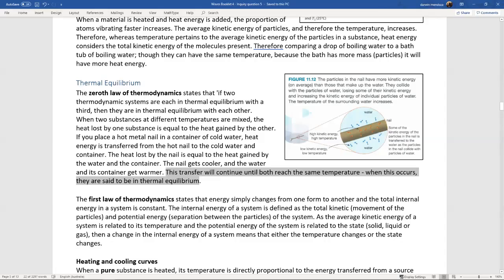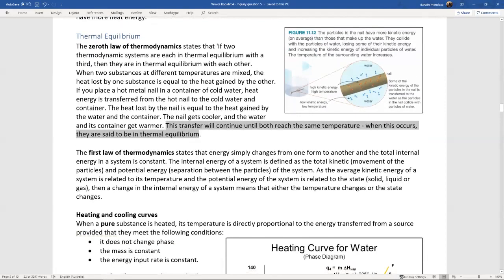It's been thrown into the water. The kinetic energy of the particles in the nail are hitting the water particles, and they're transferring some of that energy. Eventually they'll reach a thermal equilibrium, where the water will get a little bit warm, and the nail will have the same temperature as the water it surrounds itself with.